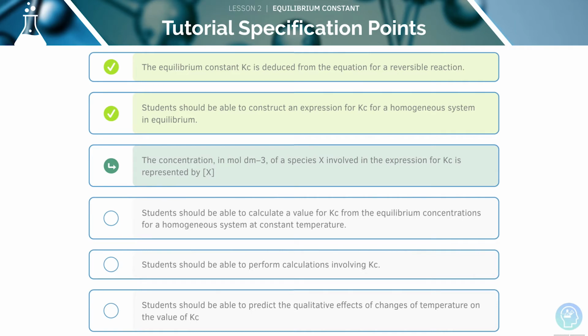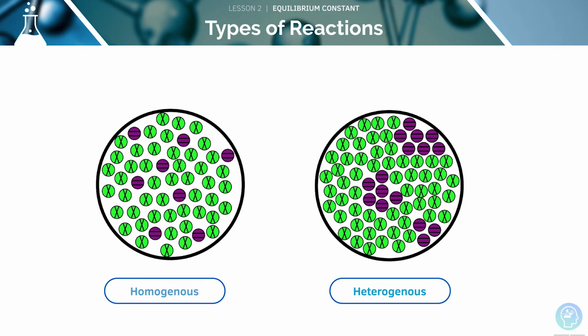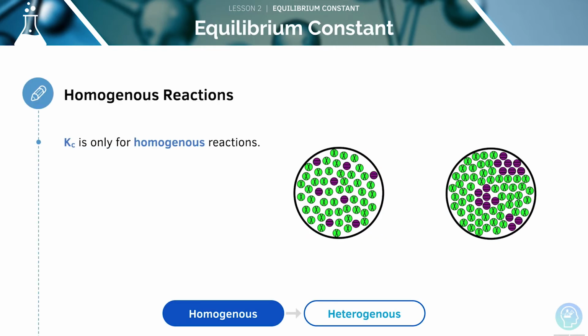Our next specification point focuses on concentrations. Here, we can see that there are 2 types of reactions. The first is homogeneous, and the second is heterogeneous. Kc only holds true for homogeneous reactions.